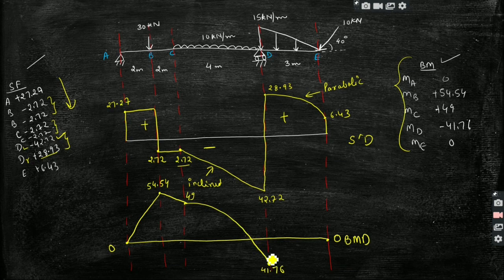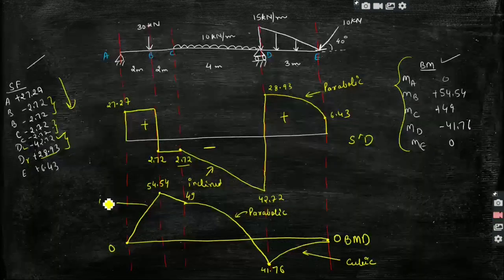And then from D to E, we are now at position D. So from D to point E we have a UVL. So we will join these with the help of a cubic curve, because for a UVL the equation for bending moment is cubic. So this is cubic. We can mention it here for our understanding that this is a cubic curve and this is parabolic in shape, and this is inclined.